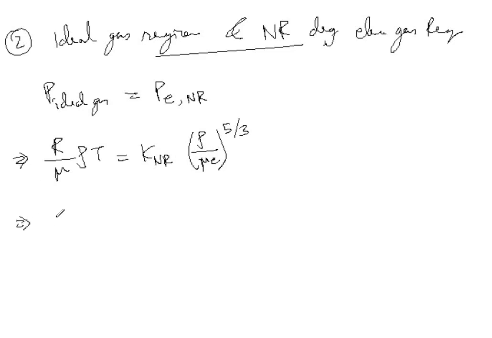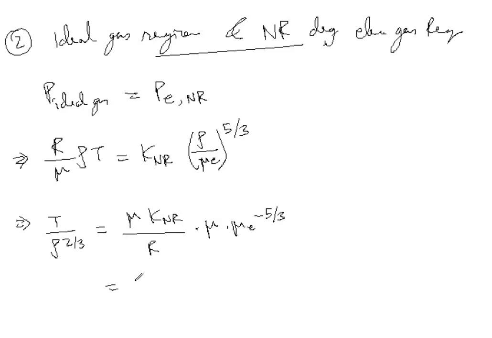Okay, so this means that T by rho to the power 2 by 3 is equal to mu K nR divided by R into again mu E to the power minus 5 by 3, and this value is 1.21 into 10 to the power 5 mu E to the power minus 5 by 3.